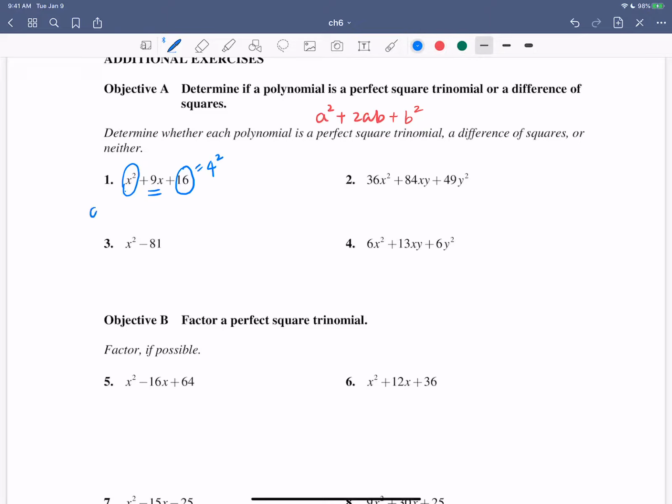Why is that? Because if it satisfies, a has to be x, b has to be 4. And that basically means our 2ab, the term in the middle, has to be 2 times x times 4, which is 8x. But what we have is 9x. So your answer to number 1 will be neither.